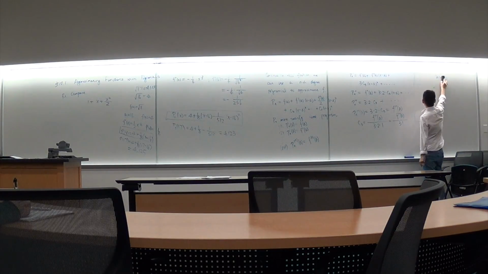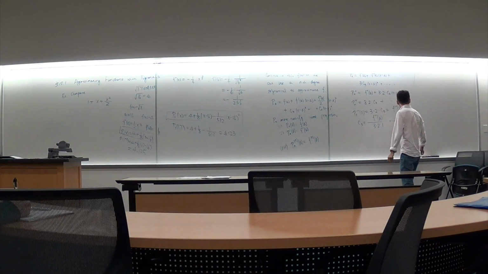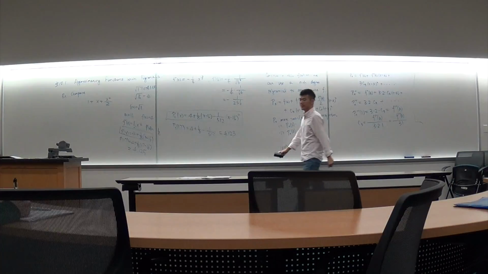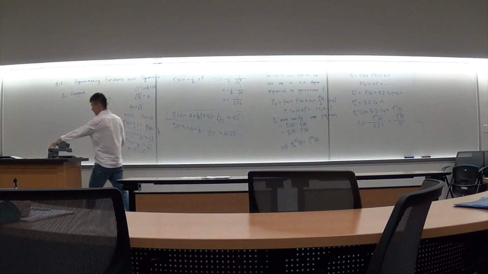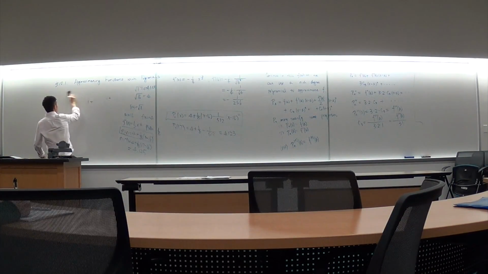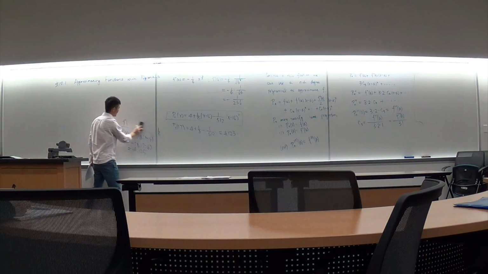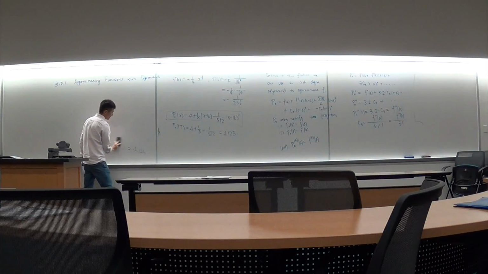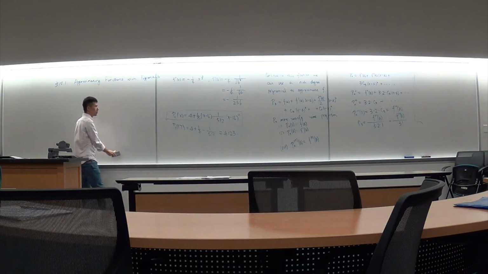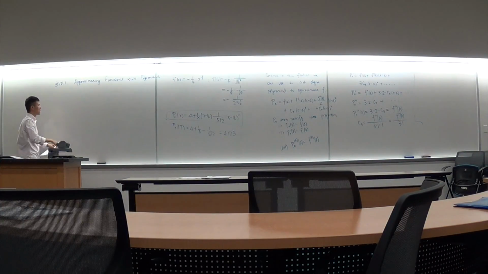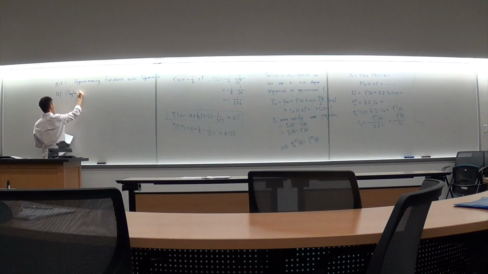All right, so now let me write it out. So now let's define the nth order Taylor polynomial for a function f. So this is called a Taylor polynomial.